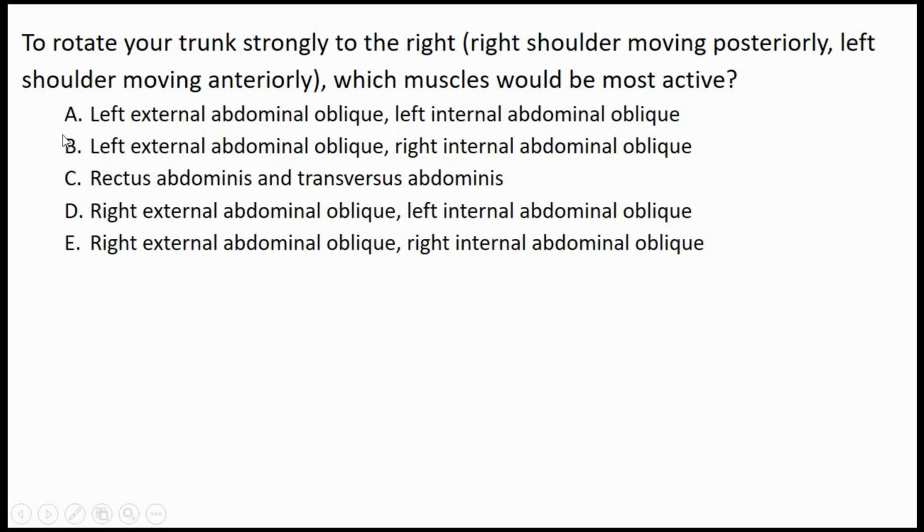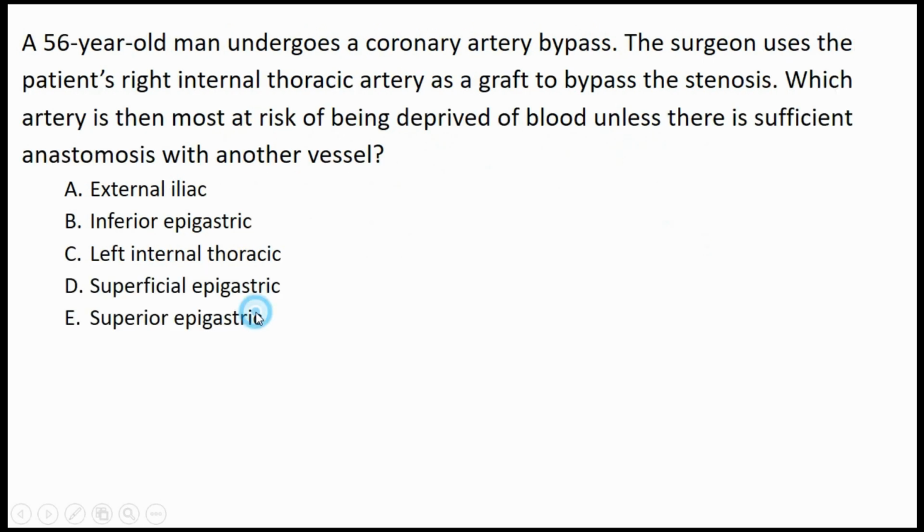A, left external oblique and left internal abdominal oblique, those would be fighting each other. So that really wouldn't result in much, and the same holds true for E, right external and right internal. And then if we had the right external oblique and the left internal oblique contract, we'd do the opposite. We would rotate our trunk strongly to the left, so the right shoulder would move anteriorly. All right, pause. As soon as you're ready, come on back.